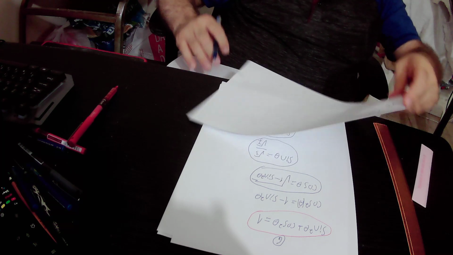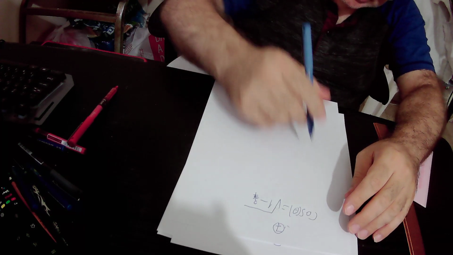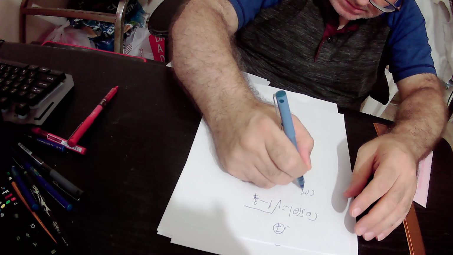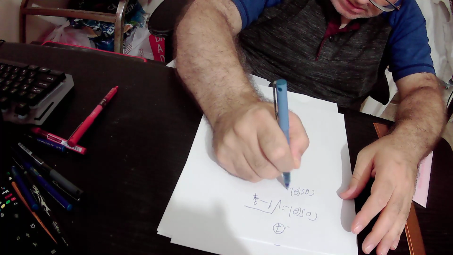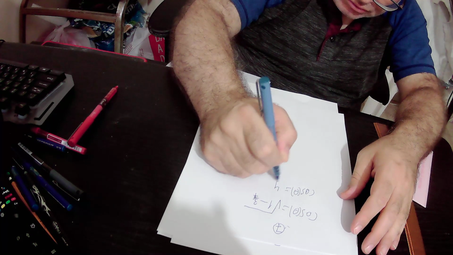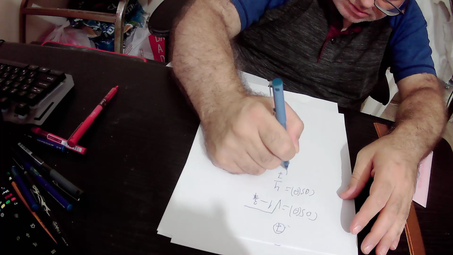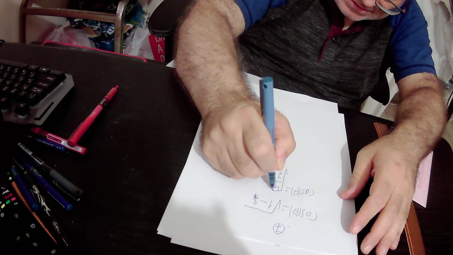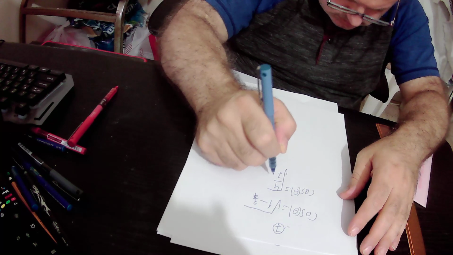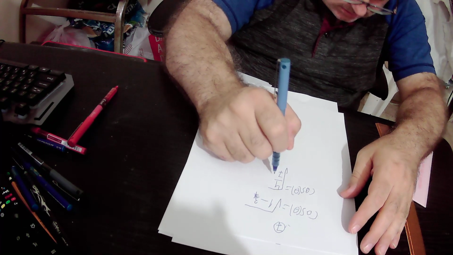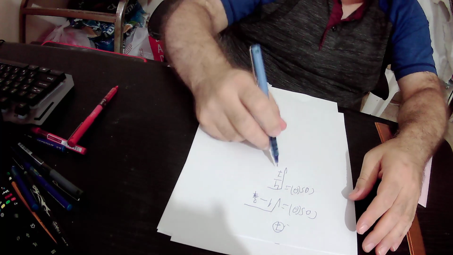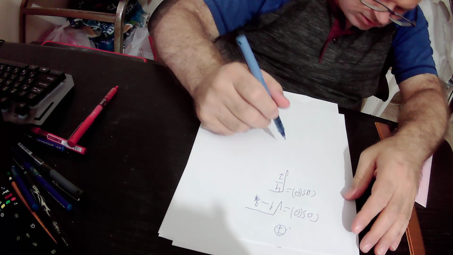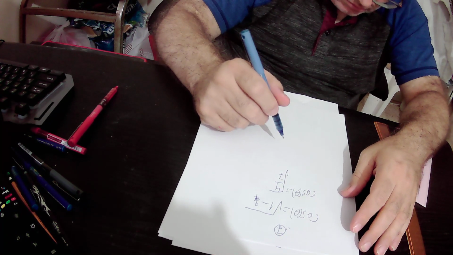So I write it down that cosinus theta equals the root of 4 over 7, but we know that the root of 4 is 2, so I write it down.